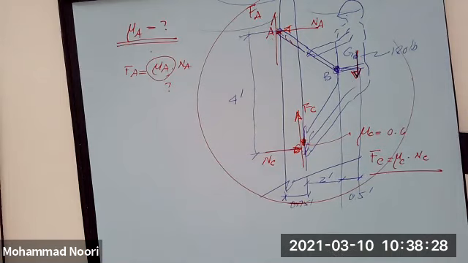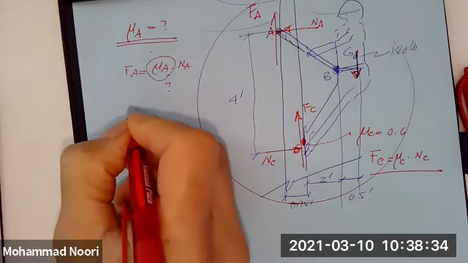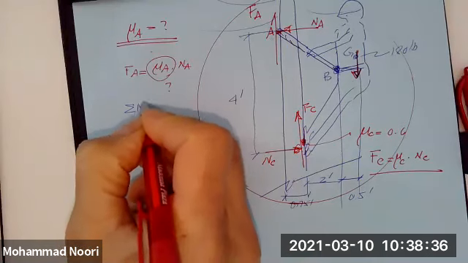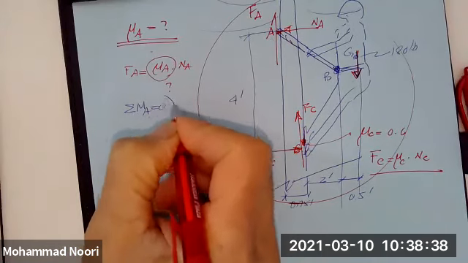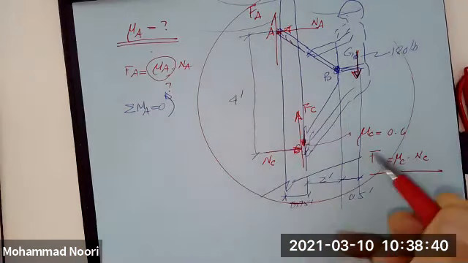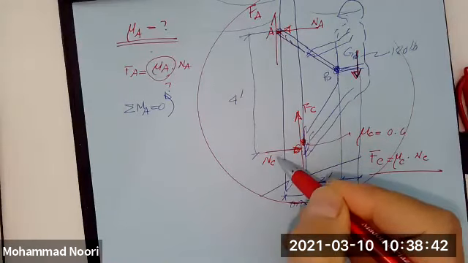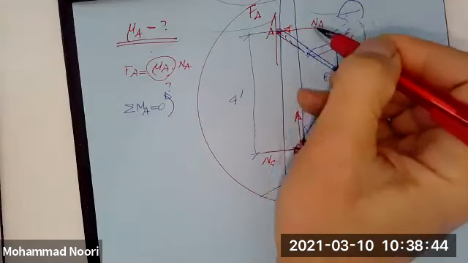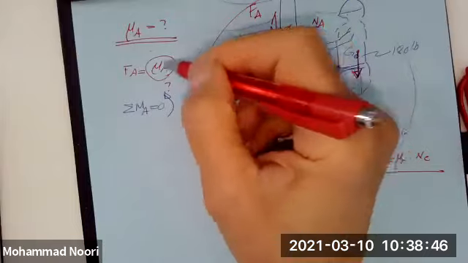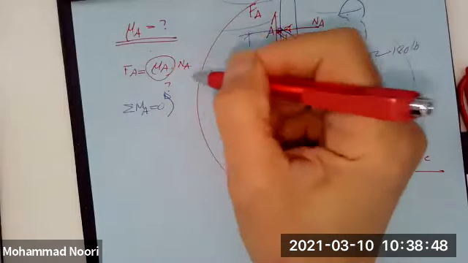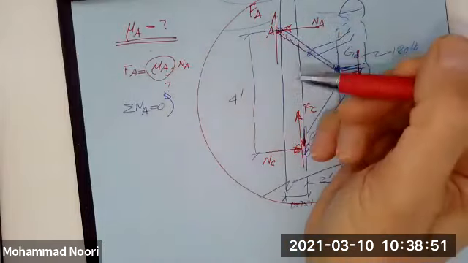To start with, I will begin with summation of moments at A equal to 0. Why? Because I want to find N sub C, because if I find N sub C, I can find N sub A, and I have this relationship, and that gives me, of course, mu A.